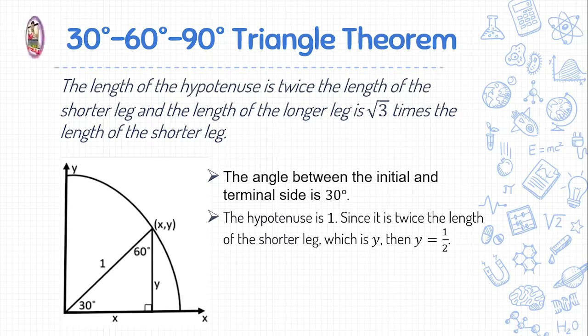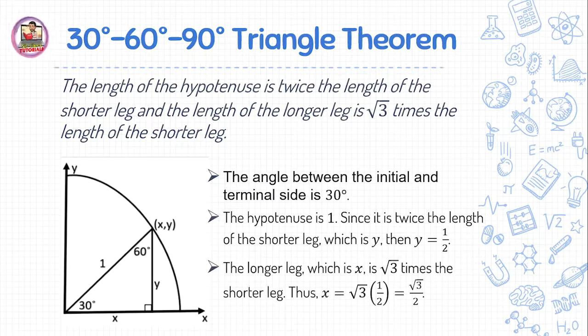Since it is twice the length of the shorter leg, which is y, then y is equal to 1/2. The longer leg, which is x, is square root of 3 times the shorter leg. Thus, x is equal to square root of 3 times 1/2. So we have square root of 3 times 1 is square root of 3, and then 1 times 2 is equal to 2.